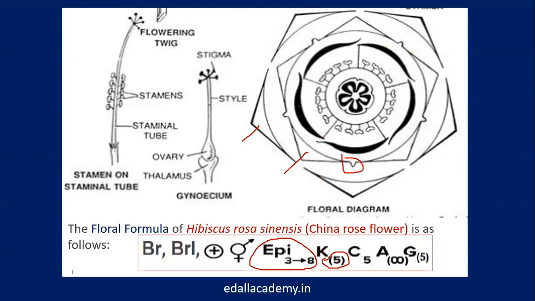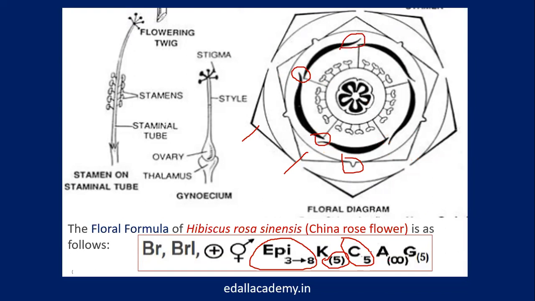See the second whorl of the flower, corolla. Corolla consists of 5 petals. Petals are free from one another. It is called polypetalous. One margin is overlapping with another margin. It is called twisted aestivation. One margin is overlapping with another margin in a regular manner.